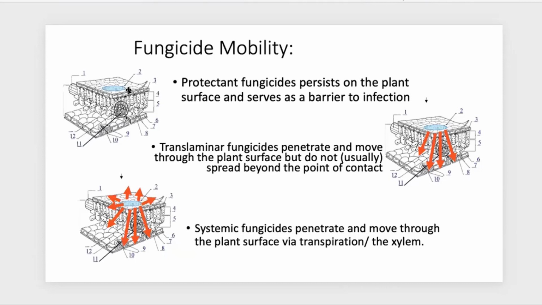One of the reasons a fungicide like Escalia is more expensive is that it's somewhat translaminar, meaning wherever it lands, it goes through to the underside of the leaf surface. It doesn't spread out, but it goes through.